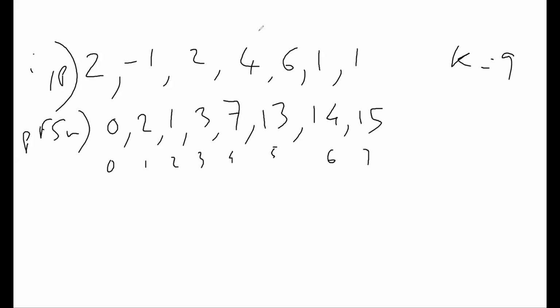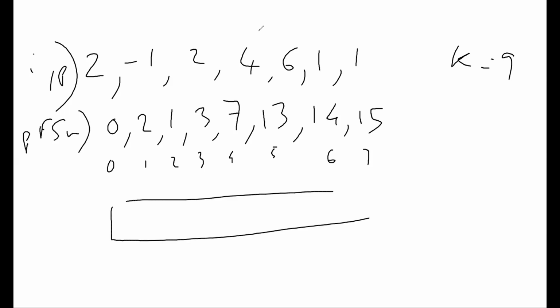Now with the monotonic queue approach, this is my double-ended queue, the DQ. First I insert the first prefix sum element, 0, and then I iterate through the prefix sum array each and every time.